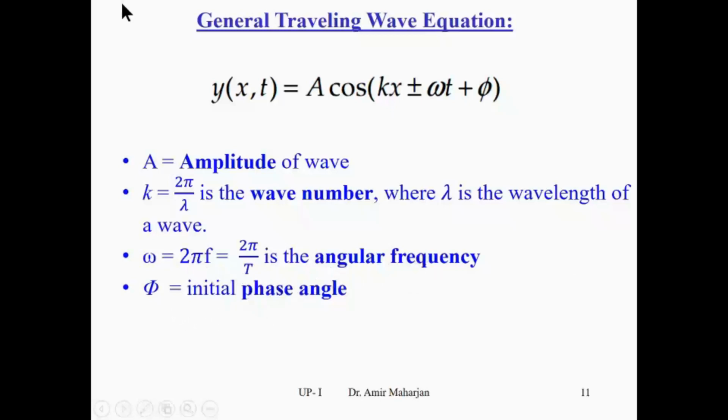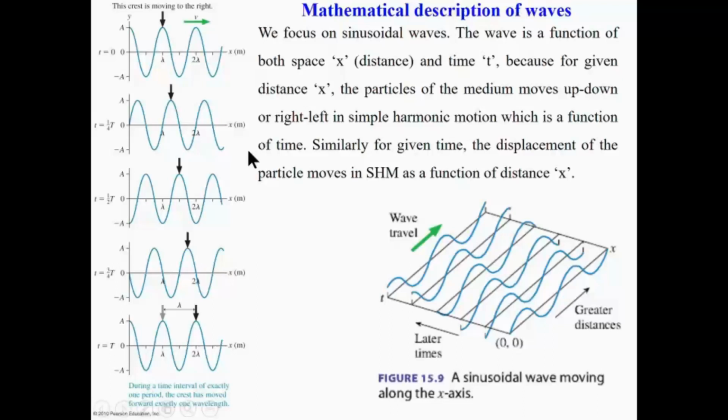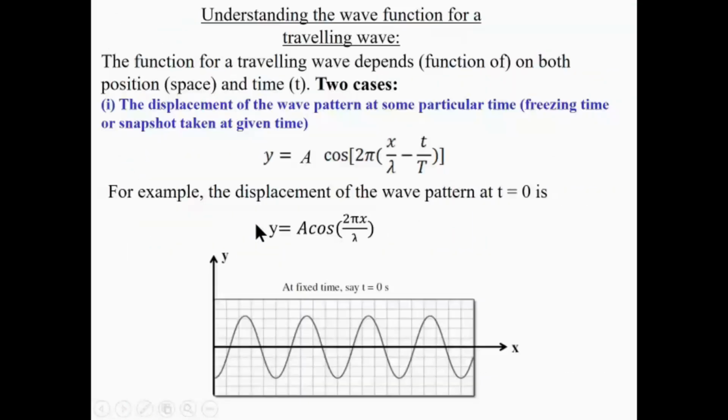So what is a wavelength? Lambda is the wavelength. This peak to peak distance here, this peak to peak distance, is called the wavelength. Understanding a little more about the wave function: you're given this wave function for a given traveling wave.